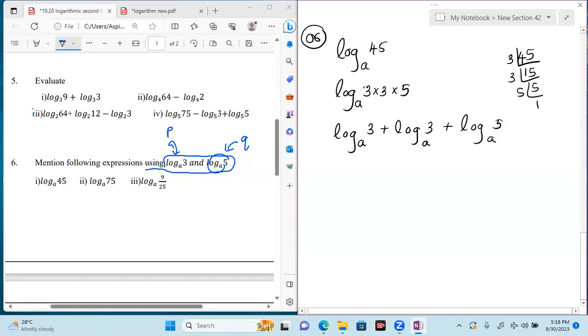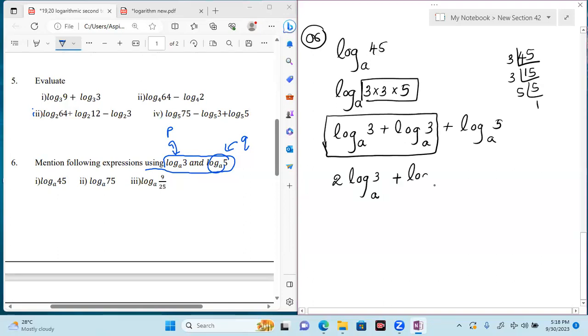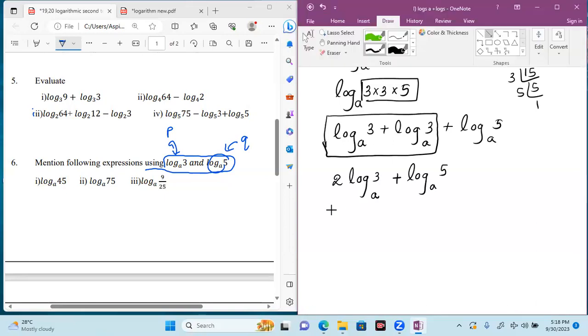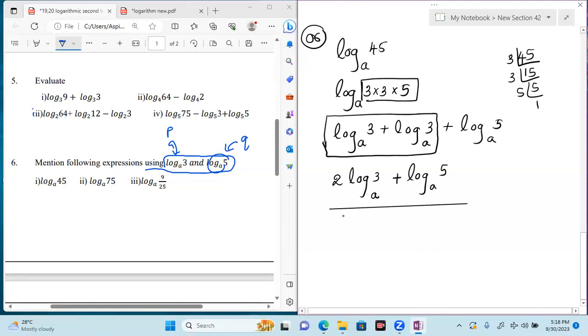It is because here it is a product, so we can separate this. Now you can see there are two terms of logarithm of 3 to the base a. Therefore, we can write 2 times logarithm of 3 to the base a added to the logarithm of 5 to the base a. Then you have expressed the logarithm of 45 to the base a in terms of logarithm of 3 to the base a and logarithm of 5 to the base a. This is how we do this.